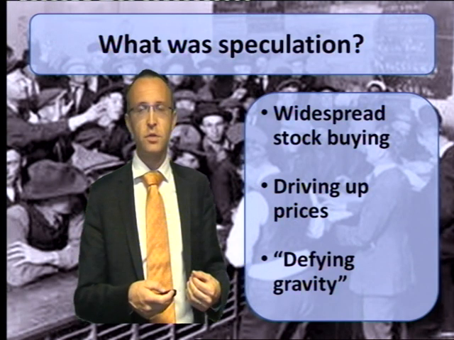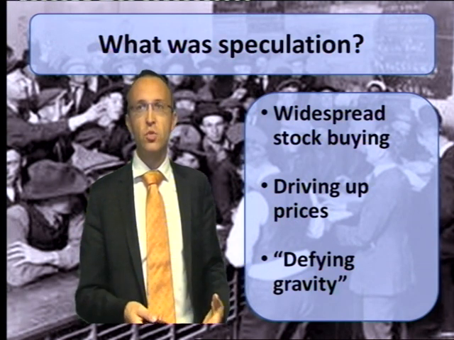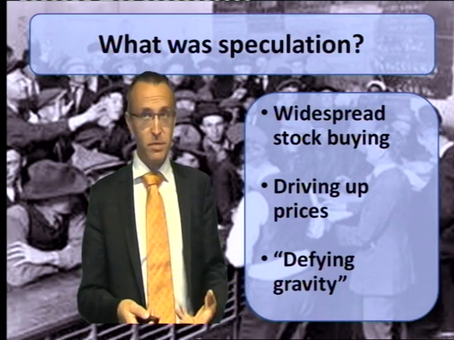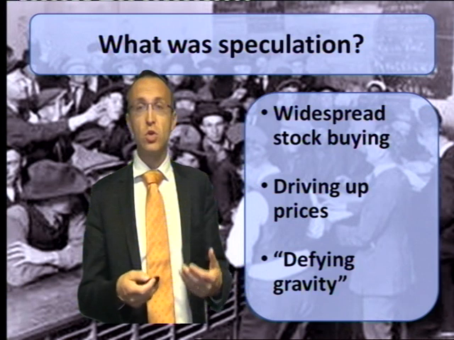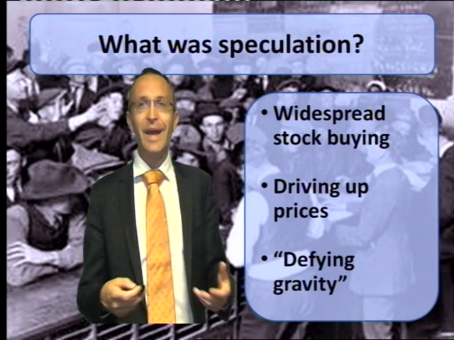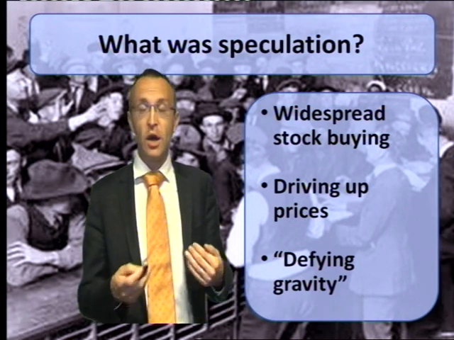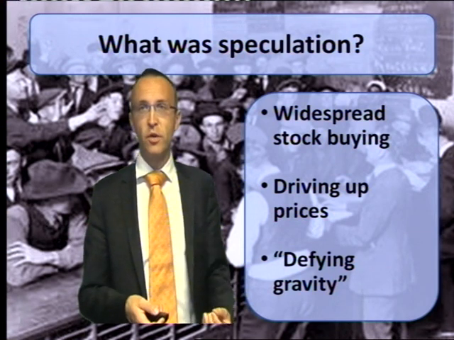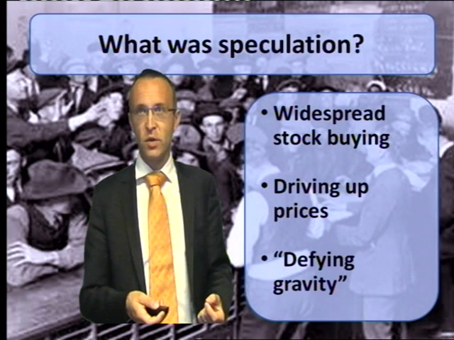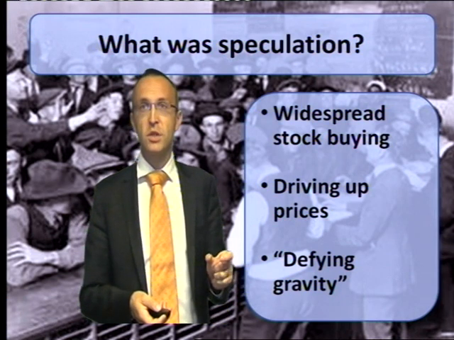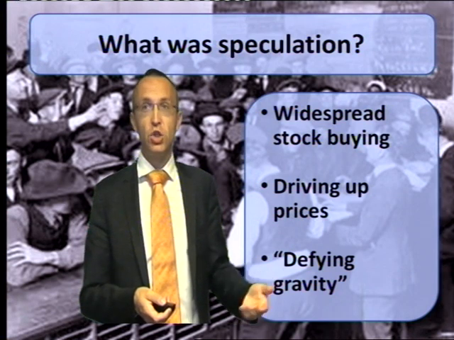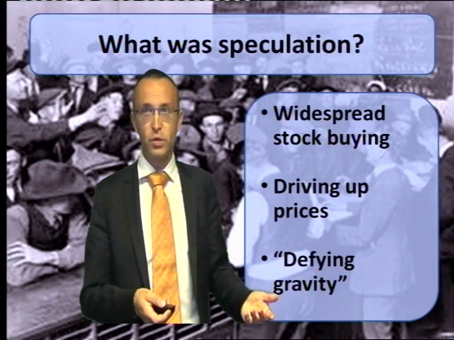Because they were another source of demand, they meant that stock prices began to defy gravity. And when we say that, what we mean by defying gravity is that stock prices no longer had anything to do with the underlying profitability of the companies who issued the stock. So as you'll know from the video on how the stock market works, stock prices should reflect the profitability of the companies that issue the stock, companies like Ford.